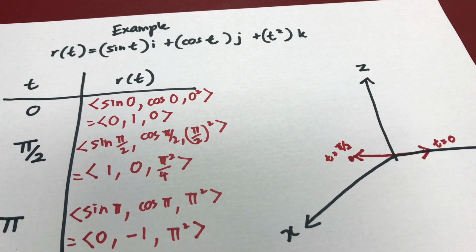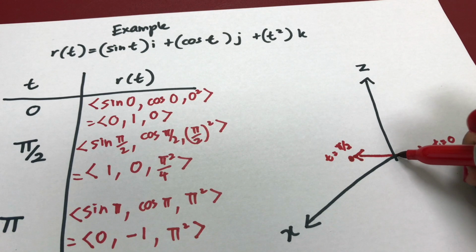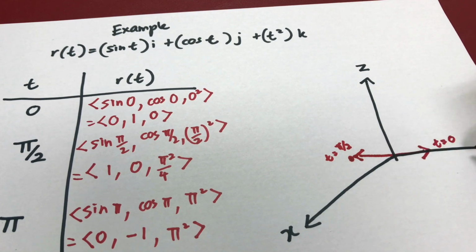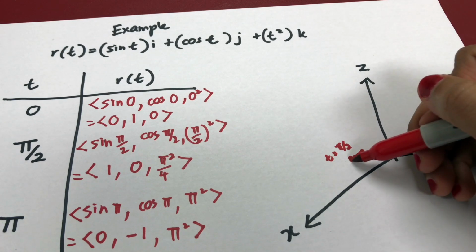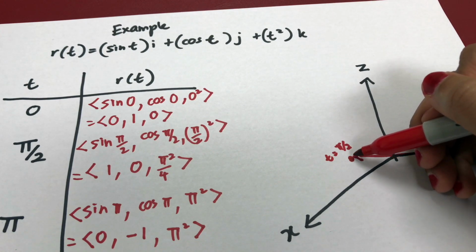And when t is pi, we have 0 as the component at the x-axis, minus 1, the component at the y-axis. So this would extend at the opposite direction, minus 1, and pi squared at the z-axis.